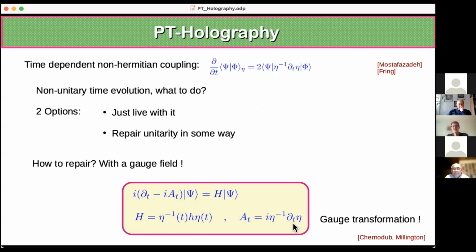And this gauge field then is again given by the time dependence of this transformation matrix, right? And also Maxine and Peter had a recent paper where they studied more consequences of such gauge fields in quantum field theory, non-Hermitian PT quantum field theory.